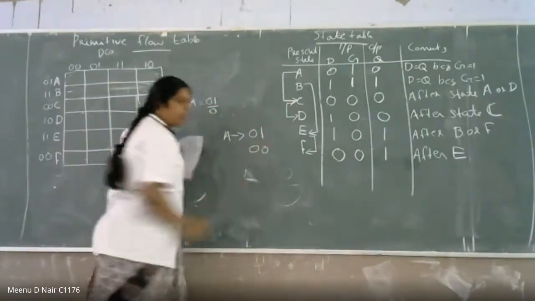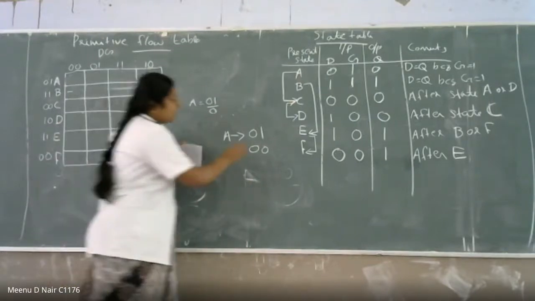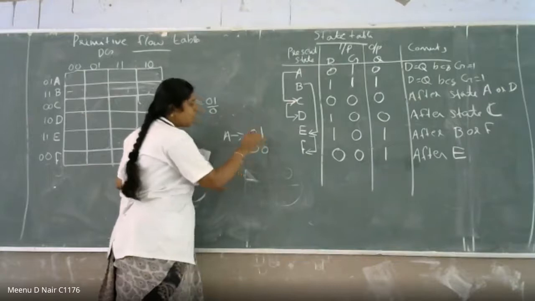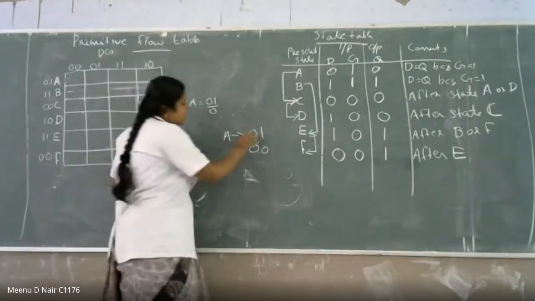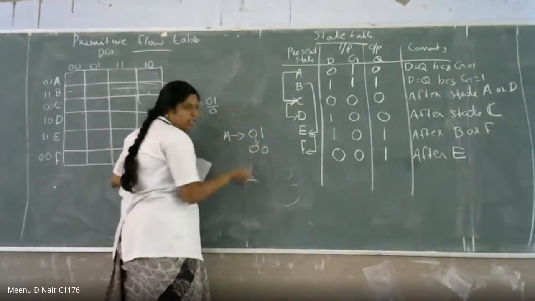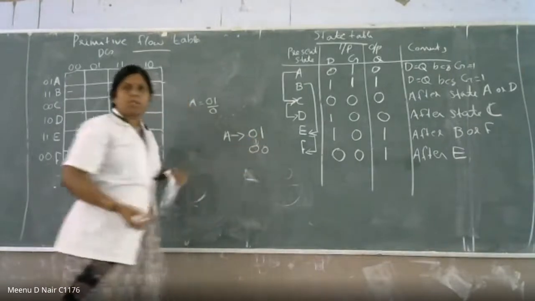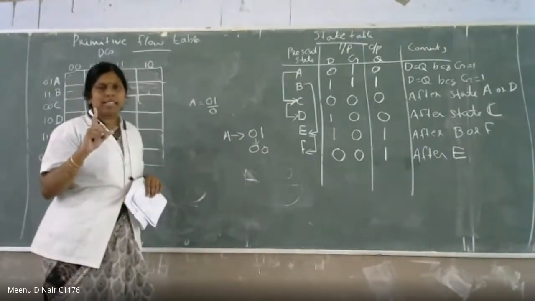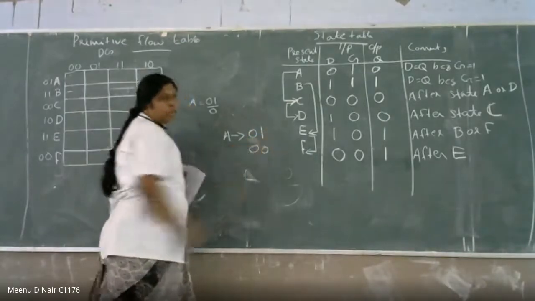So we are going to check whether it is possible to go from 0 1 to 0 0. Here the same bit is there, and 1 to 0 is possible because there is only one transition at a time. 0 remains 0 and 1 to 0 is happening.